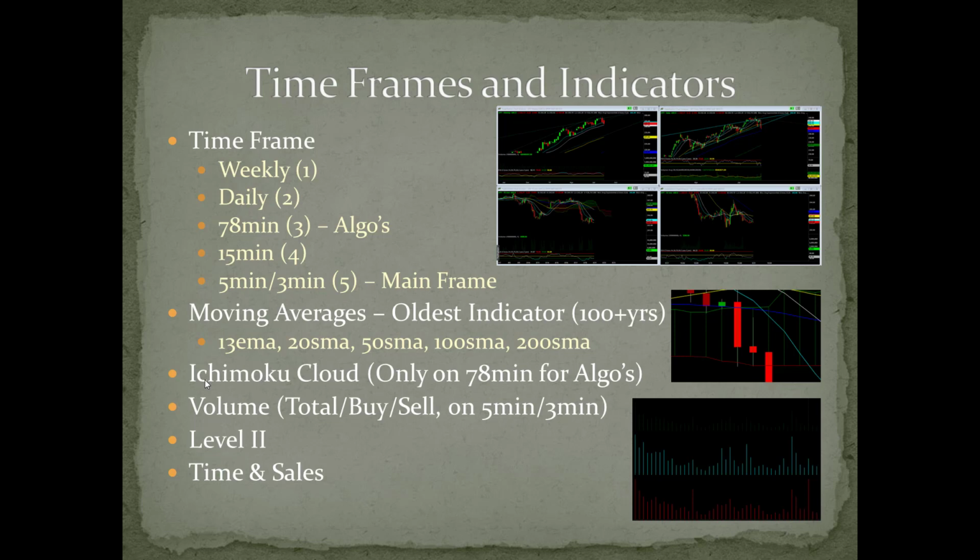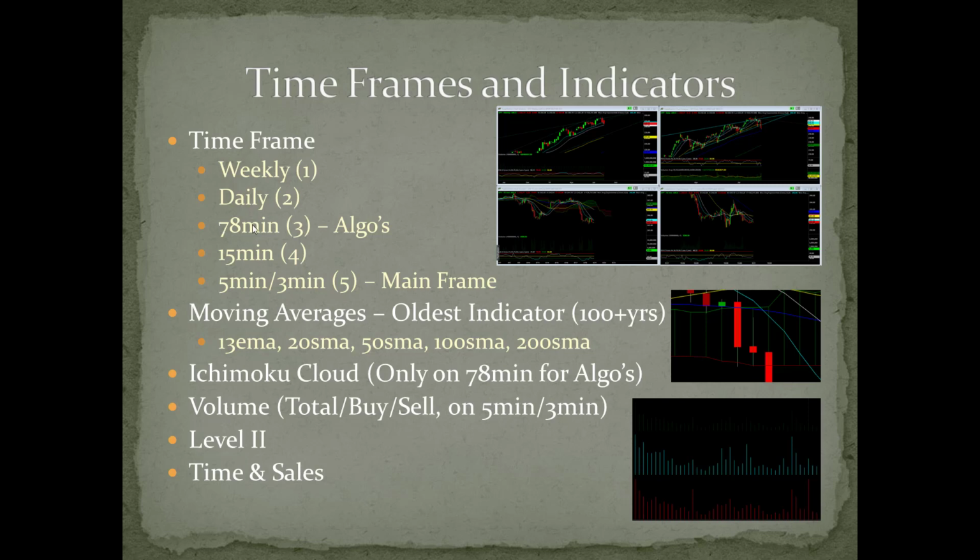But the reason I use it, on the 78-minute only, is for algorithms. The Ichimoku cloud uses Fibonacci retracements, which go off of math, to calculate its plots. So it's already using math, and algorithms use it because it's a math-based indicator.